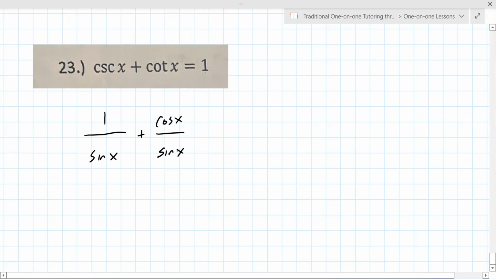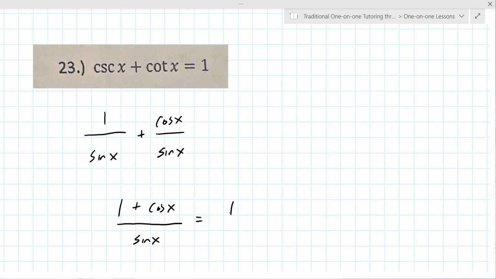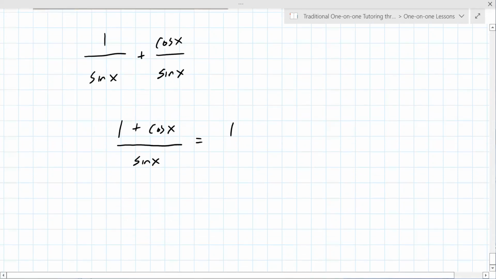That's good because now you can make a common denominator. 1 plus cosine x over sine x equals 1.